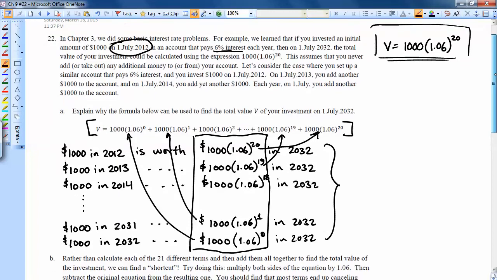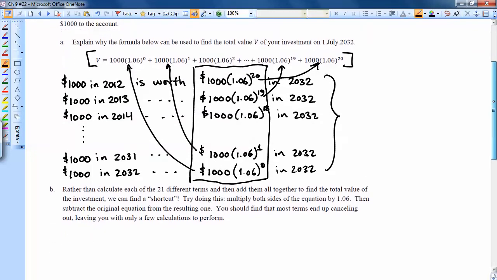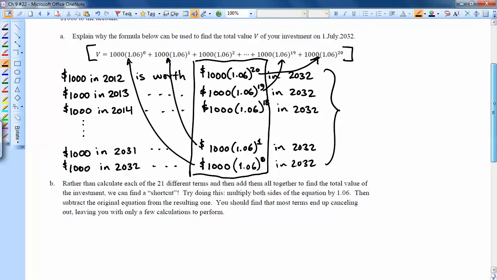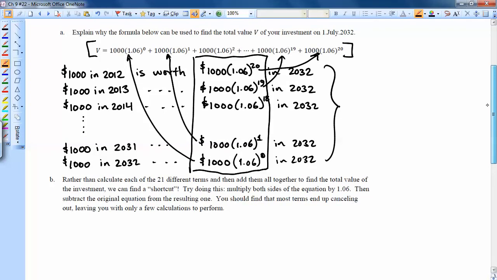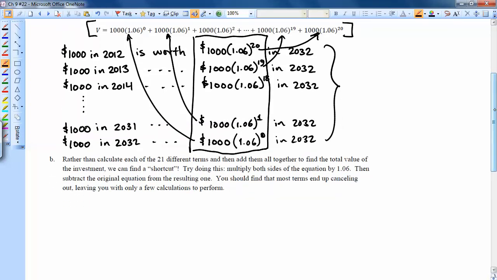Okay. So in part B, it says, let's try and figure out a way to add them all up. And adding them all up, there are 21 terms. You could type in all 21 of these on your calculator and keep pushing plus. But there's a shortcut for it. And if you look at this sequence up here, or this series up here, it's geometric, right?